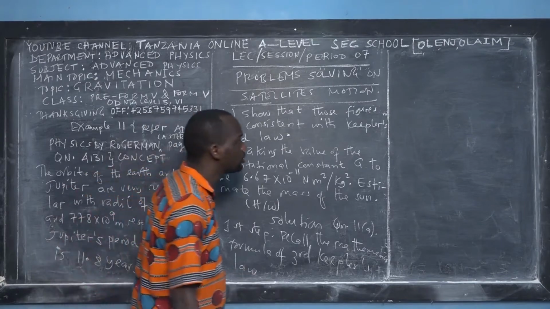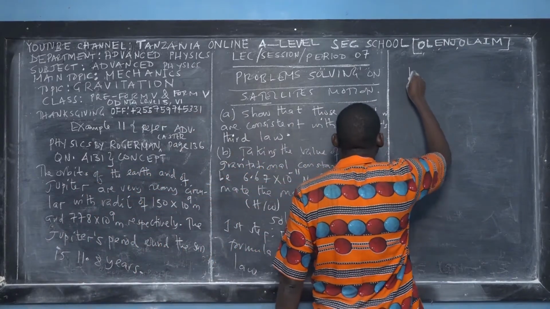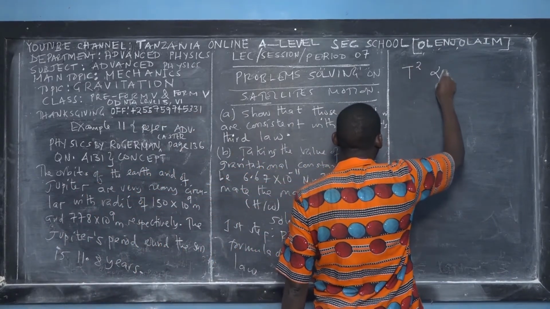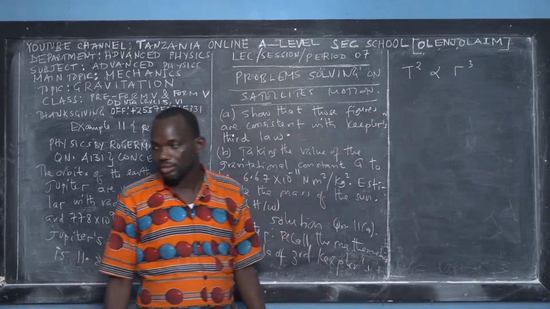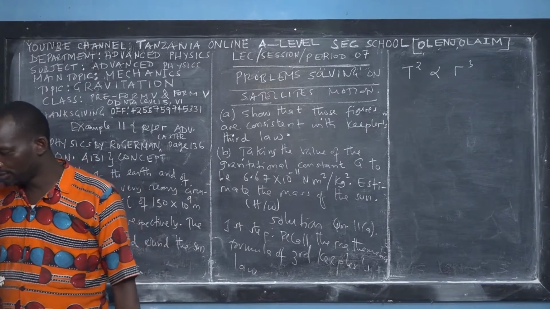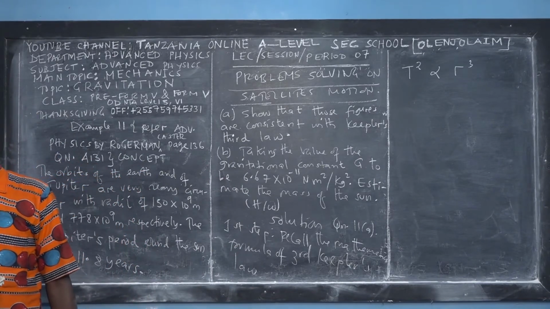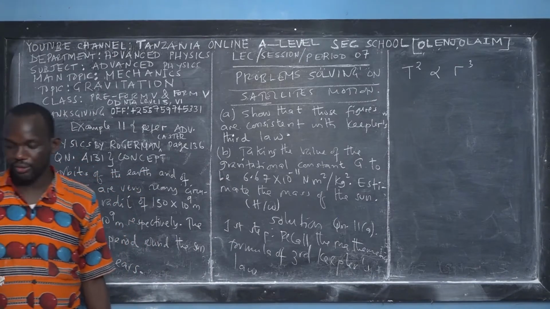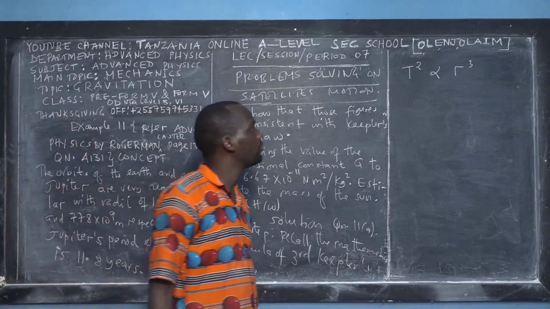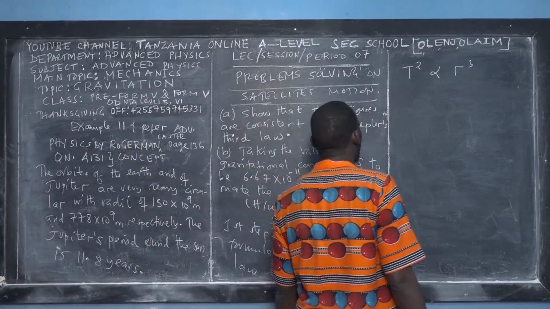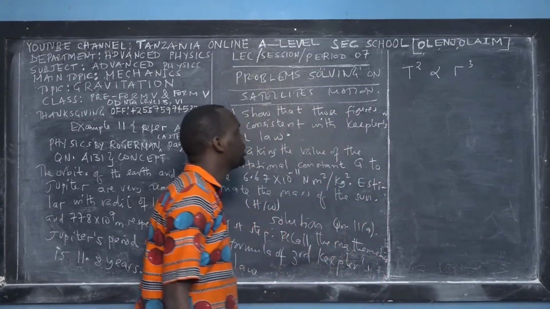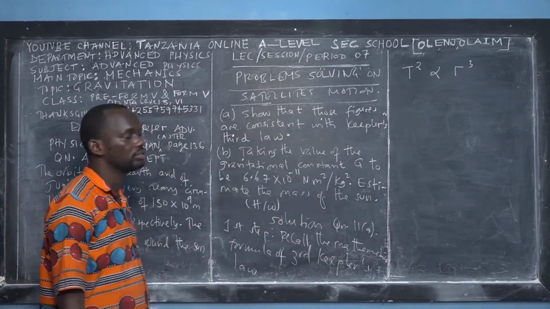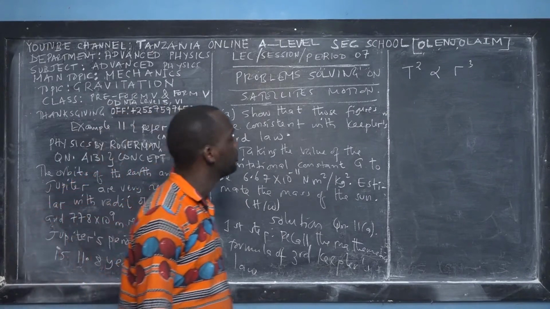Mathematically, we say that the square of the period is proportional to the cube of the mean distance. Right? That's what we have discussed. The square of the period of the planet is directly proportional to the cube of the mean distance between the centers. So that's what we say.